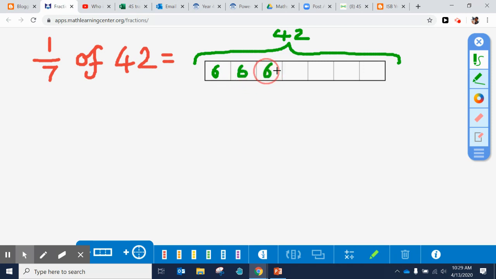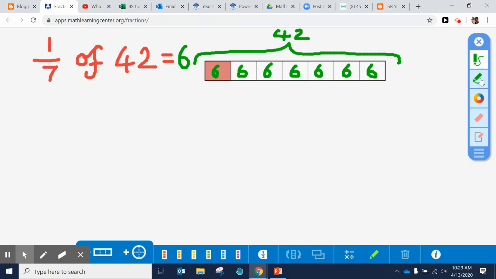And each part is a 7th. So the question is 1/7 of 42. I'm going to colour in 1/7. And 1/7 equals 6. I could use this bar model to answer lots more questions.